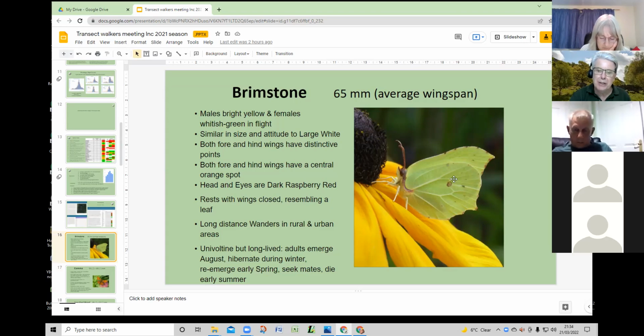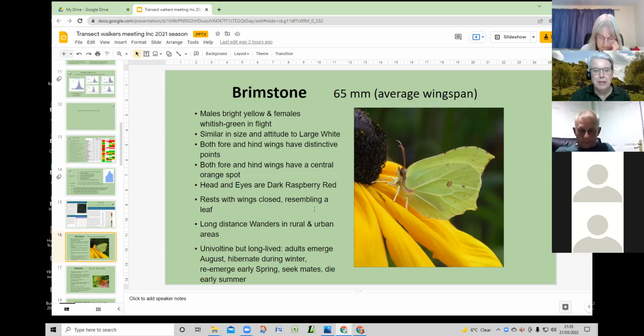And if you're lucky, you'll get a glimpse of the little orange spots in the middle of each of their forewings and hindwings, and this beautiful deep raspberry red eyes and antennae. As soon as it lands, you know exactly what it is from the shape, the color, the spots, etc.